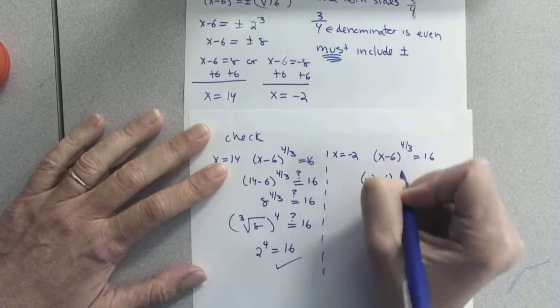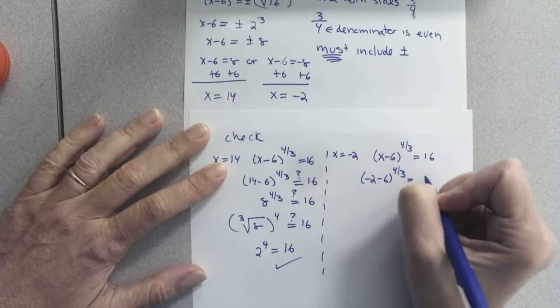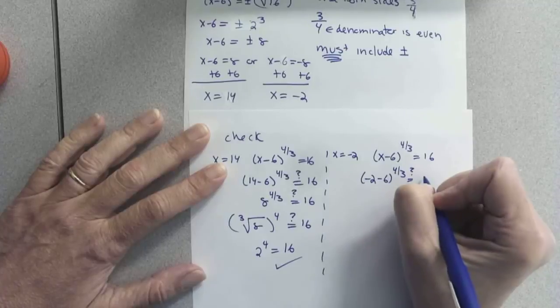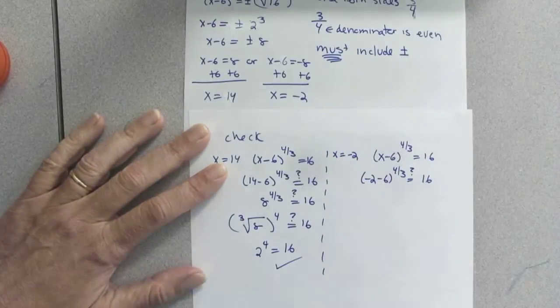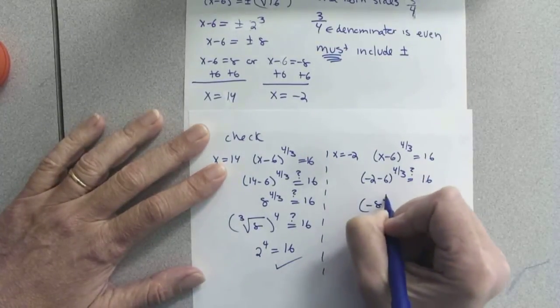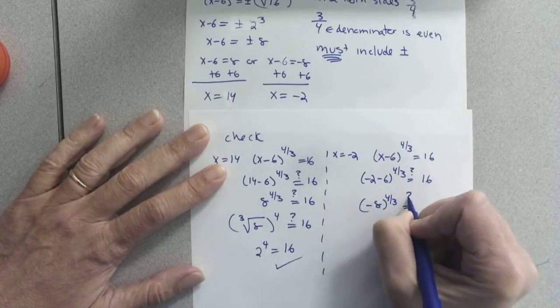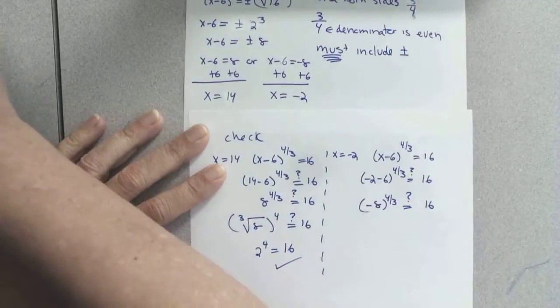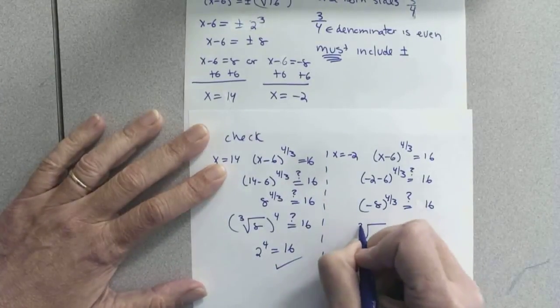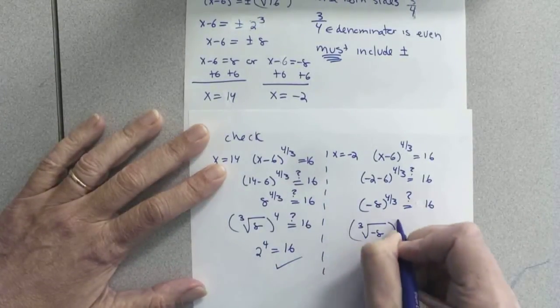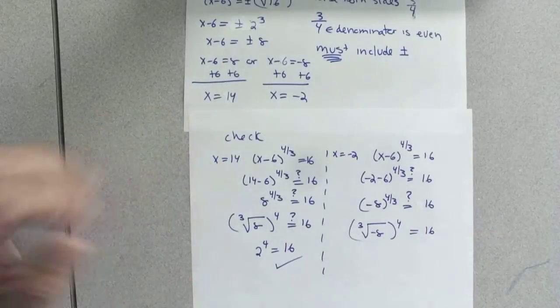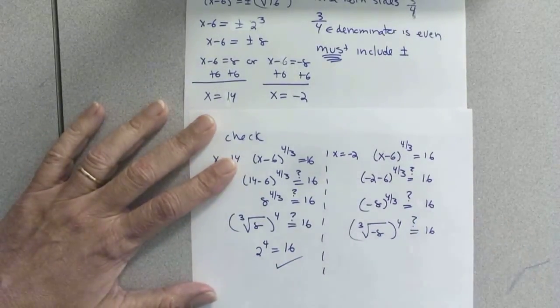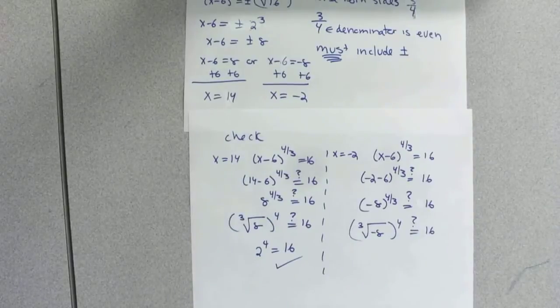Doing the same thing with my other number, plugging in negative 2. I'm going to get negative 8 to the 4/3, which is the cube root of negative 8 to the 4th. Again, what number cubed will give me negative 8?